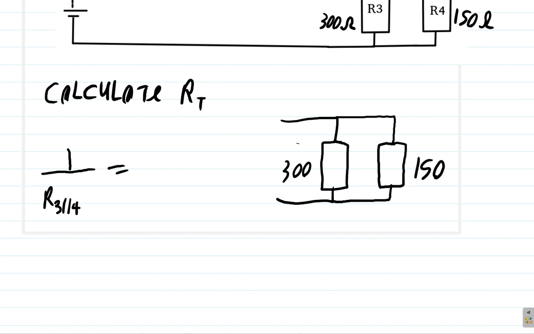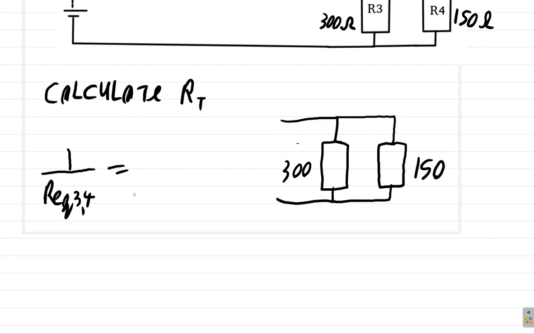Let me rewrite this. So let's say R equivalent of 3 and 4. Let's call it that, because I don't want to have any confusion about REQ1 in parallel. What is it we're finding?